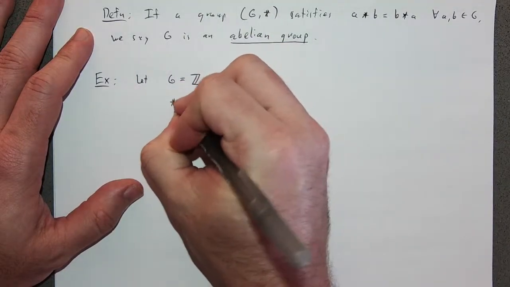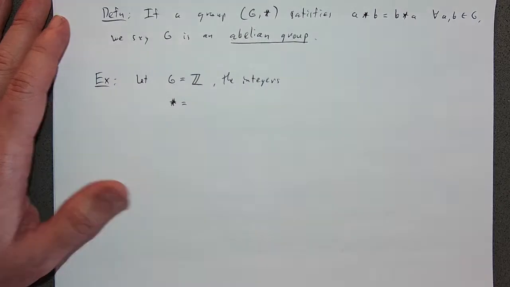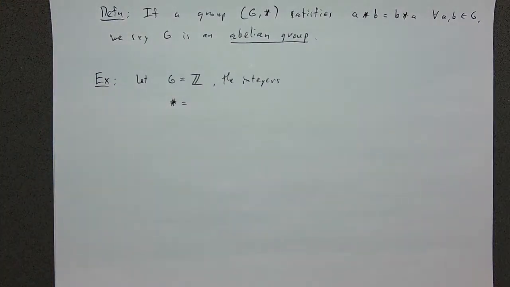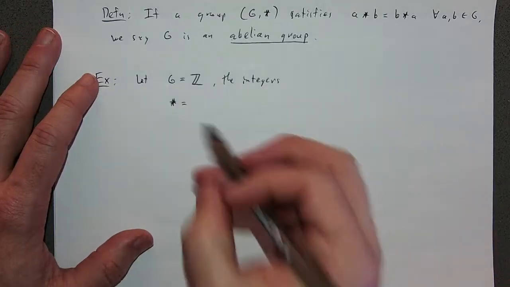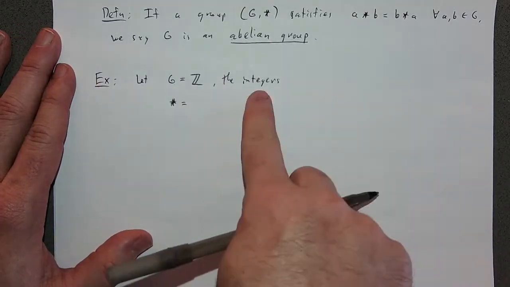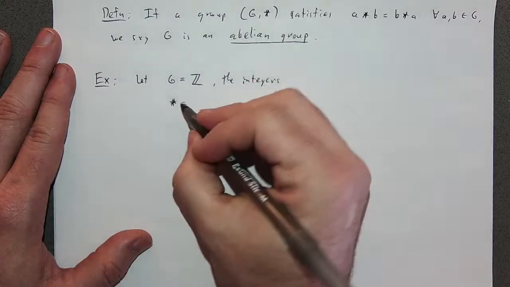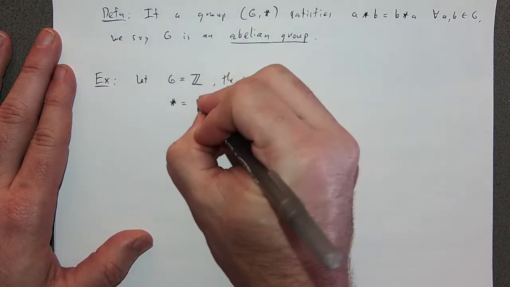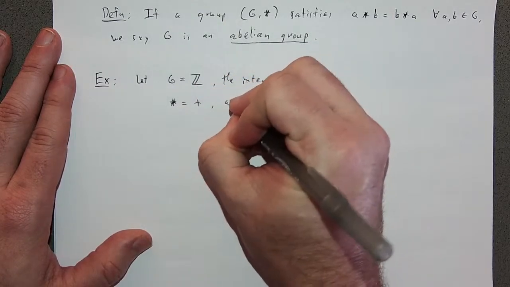There's the noun like numbers, and there's also Zahlen like to count, I think is the German verb. Maybe I'm wrong. It's been a while, but I think that's the deal. This is the integers, and I'm going to take my binary operation to just be plus, just normal addition.